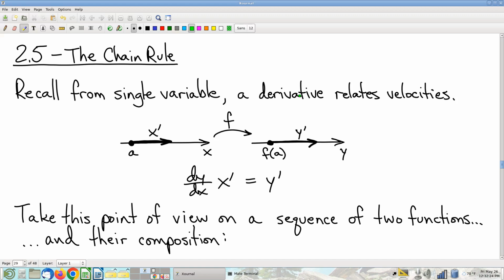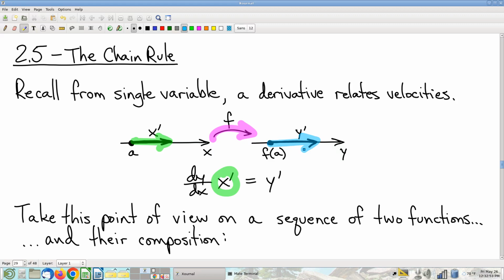Specifically, I want to make a particular interpretation of single variable derivatives. Here's a single variable function. x is the input variable, y is the output variable. If your input point were to move with some velocity that I'm going to call x prime, well, if you move the input, that's going to make the output move also. Let's suppose that the output's velocity is y prime.